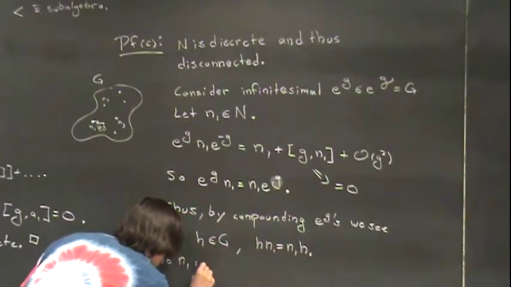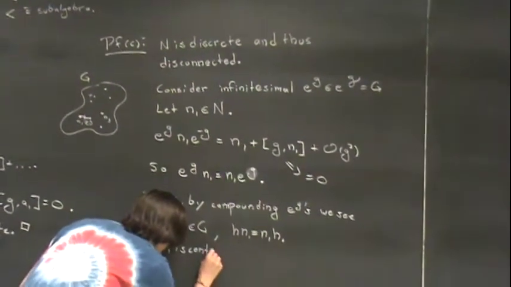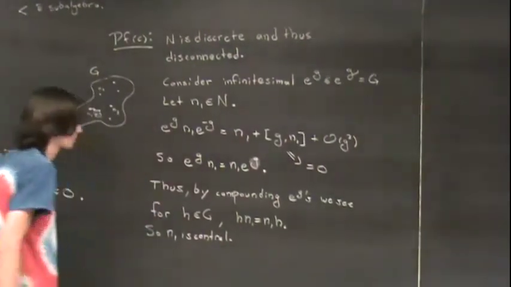So n1 is central. Must commute with everything.